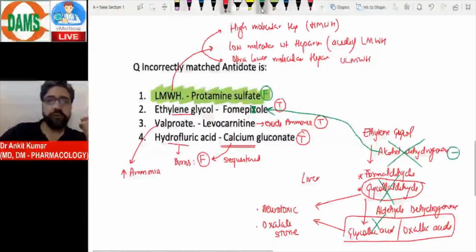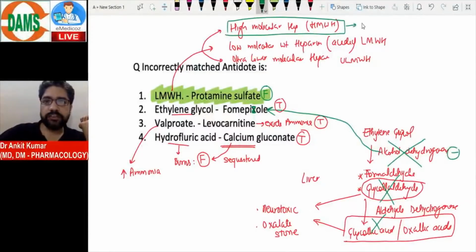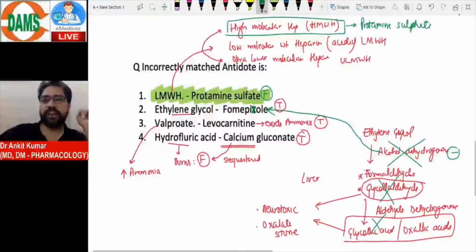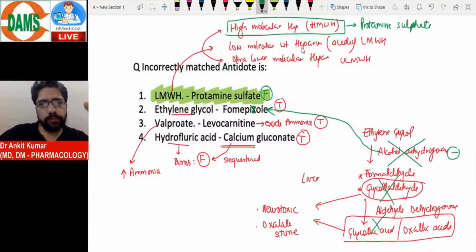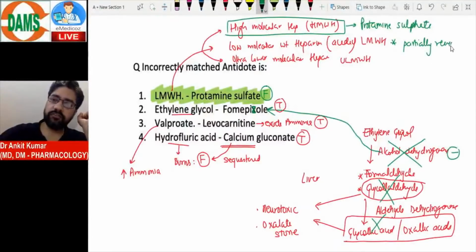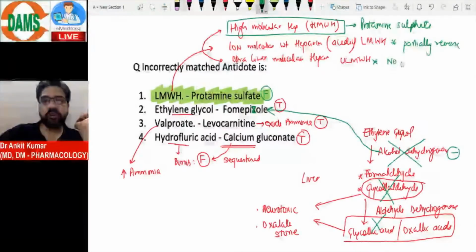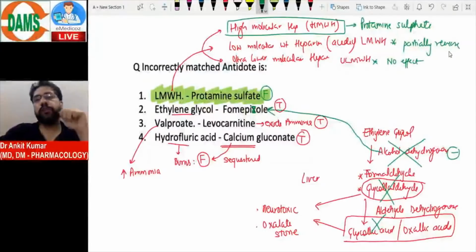Now remember, for poisoning with high molecular weight heparin, the antidote is protamine sulfate. Protamine sulfate is a highly basic molecule which will attach with the highly acidic high molecular weight heparin. Low molecular weight heparin is less acidic, so protamine sulfate partially reverses its effect, and protamine sulfate has no effect on ultra low molecular weight heparin.